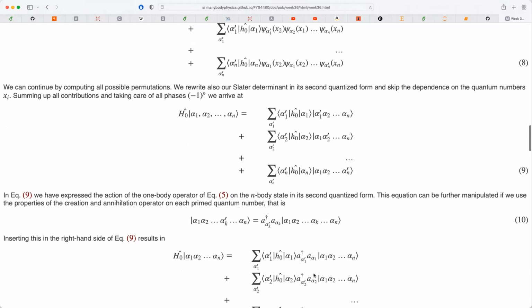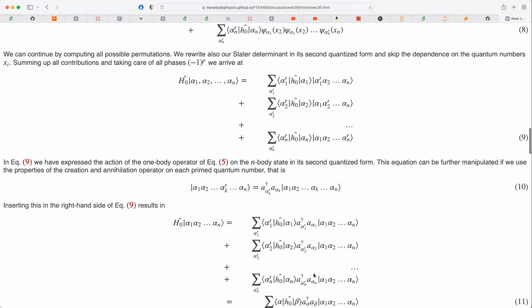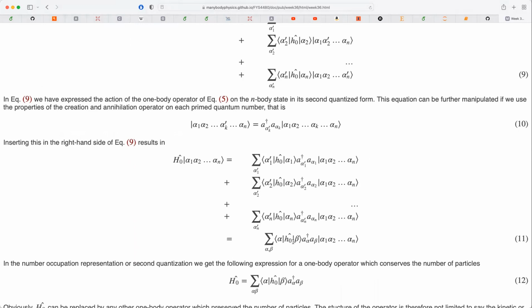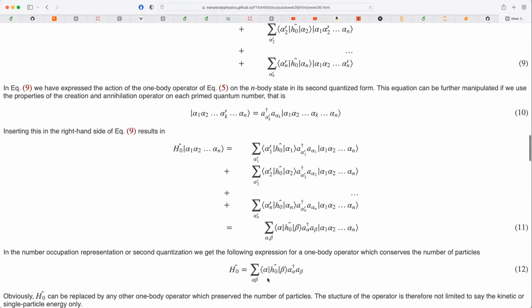And when you do that, you can rewrite the sum of all these terms in terms of a double sum, where you then have an operator which you will define as this H0 hat, which contains the sum of all possibilities alpha and beta.